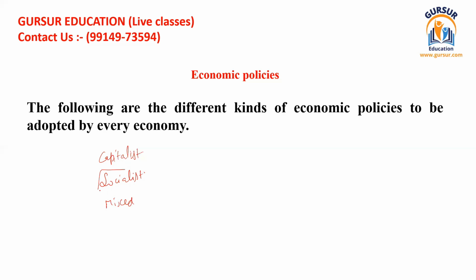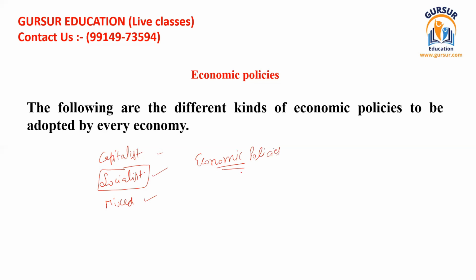Wherever there is a socialist system, the government has to bring some kind of economic policies. Not just restricted to that, but in all cases, to some or a complete extent, the government has to bring about economic policies.